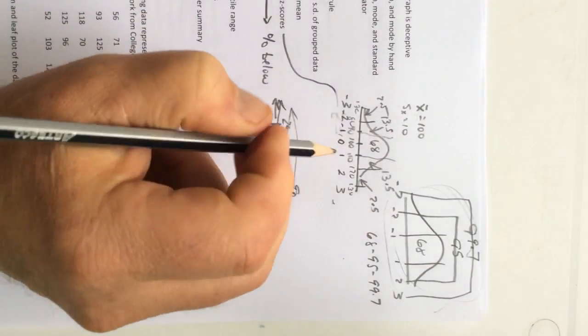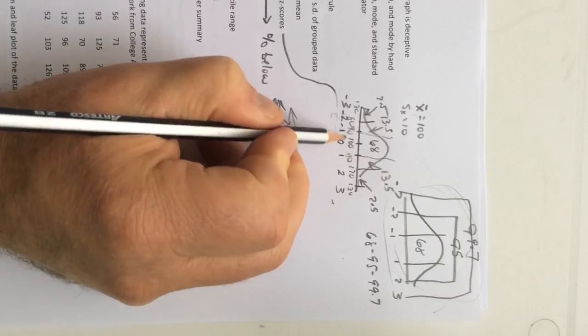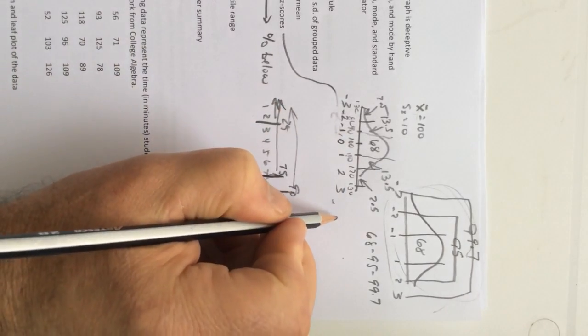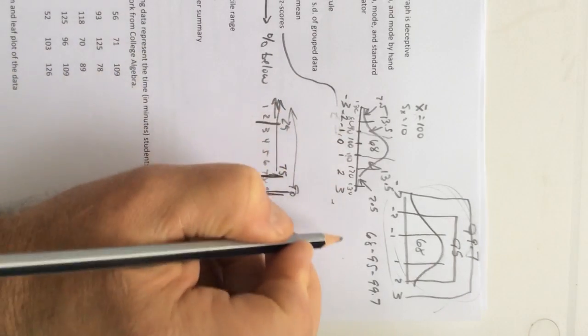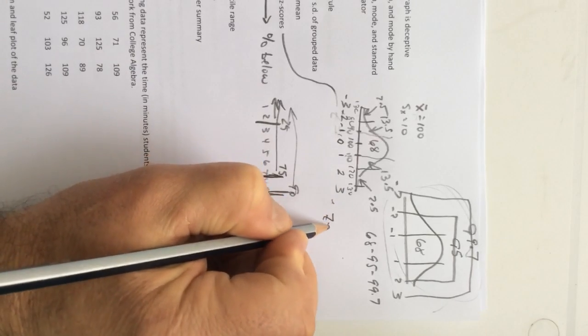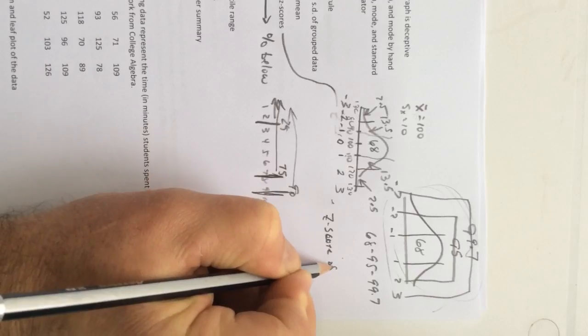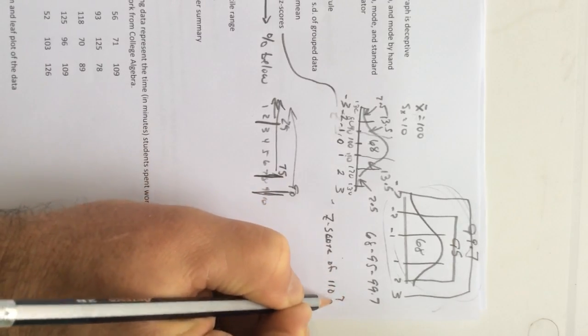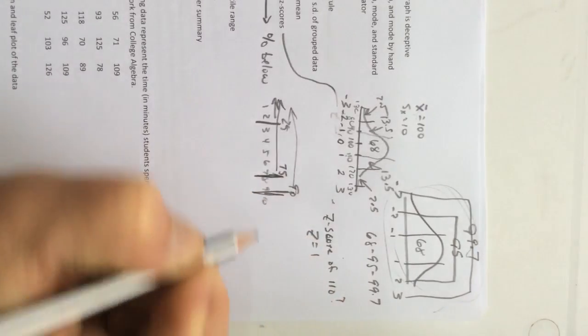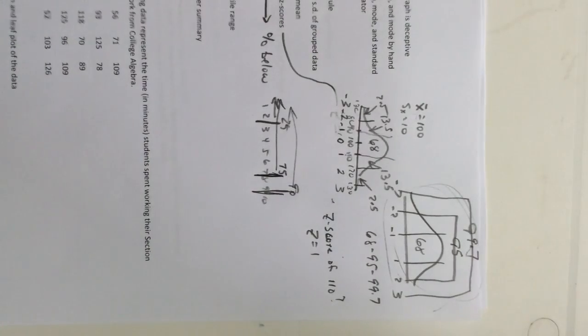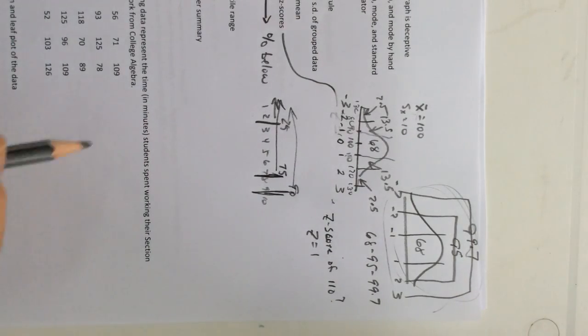Okay, but getting back to a z-score. One step up is a z-score of 1. So if they ask you what's the z-score of 110, well, that's 1 just by understanding. But we do have a formula.